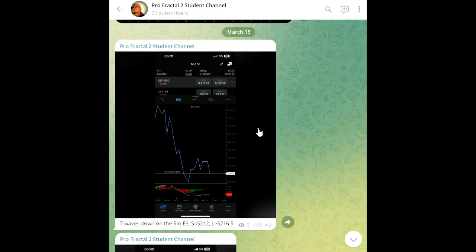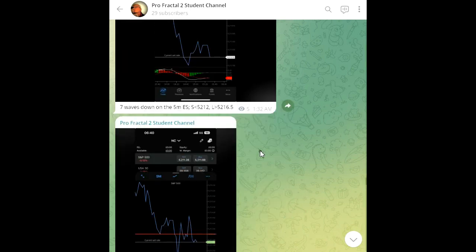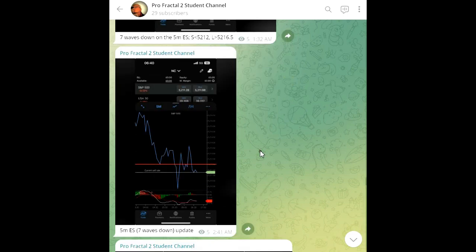Now here he pointed out a 7 down fractal, this growth fractal, and he put the parameters there. And then as we continue here, we have a 7 down on the 5 minute fractal frame.